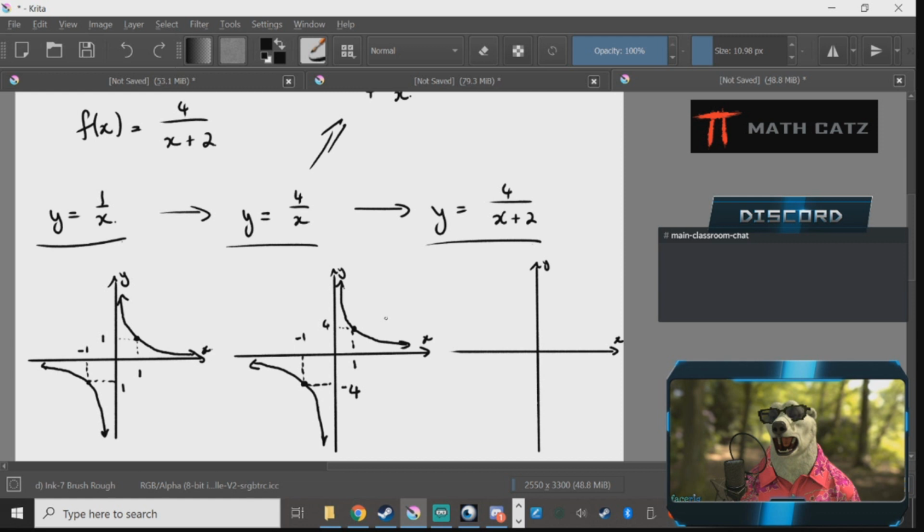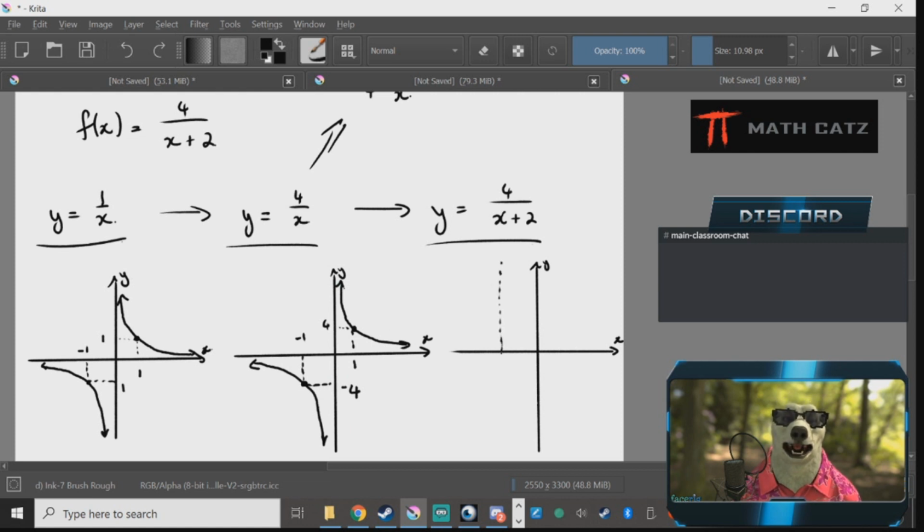There's evidence. Now I replace x with x plus 2, which means I shift everything to the left by 2 units. And now the vertical asymptote that sat at the y-axis becomes visible.